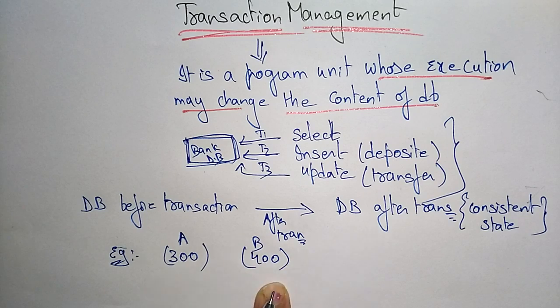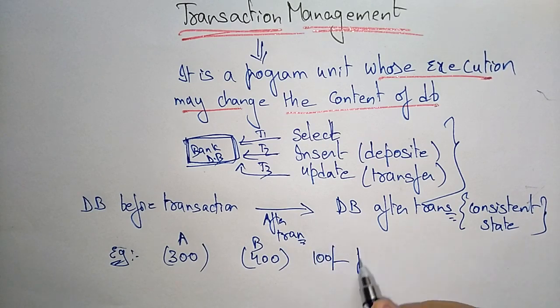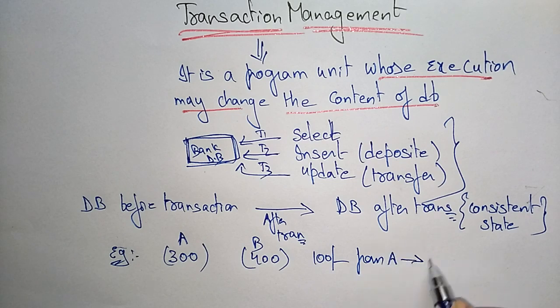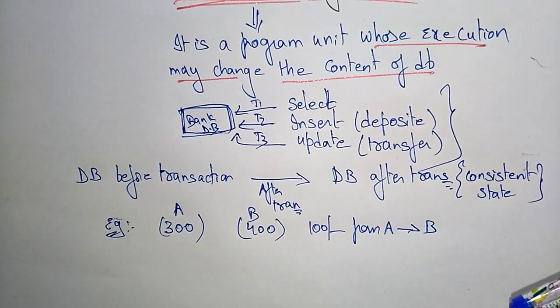In another account B you are having the amount 400. Now you want to transfer 100 rupees from account A to account B. Means you want to do some transaction on the database of your account, transferring, modifying the data.